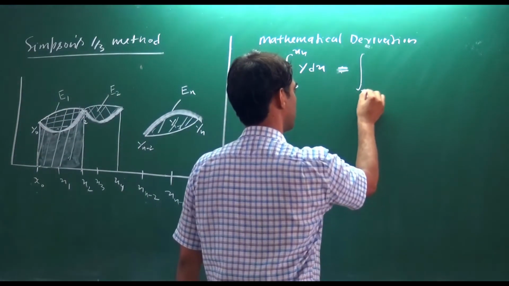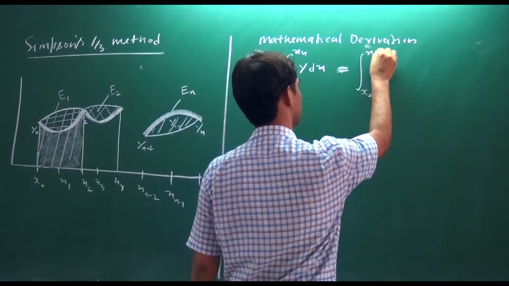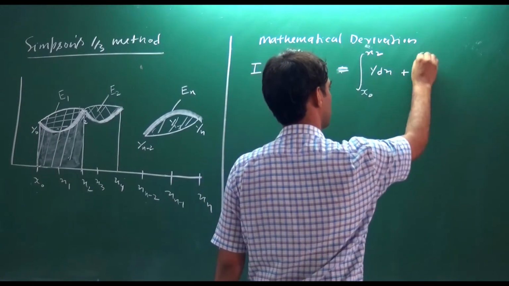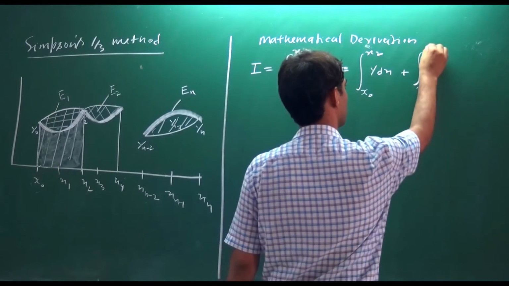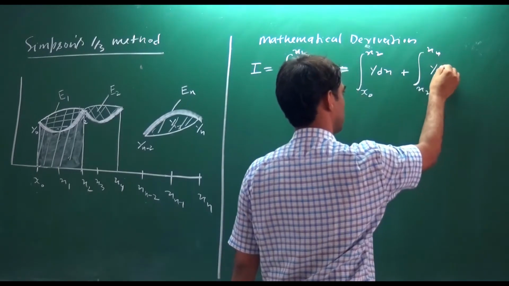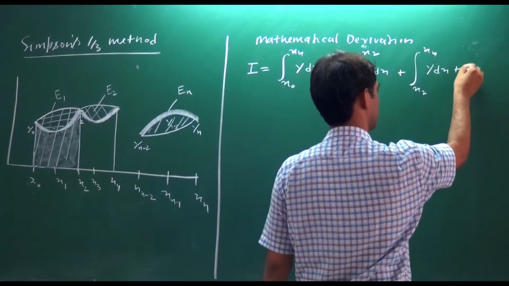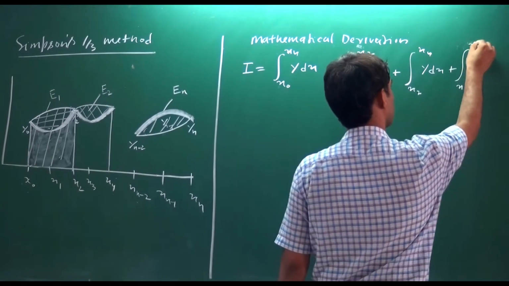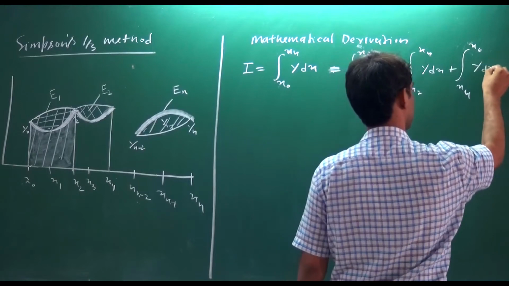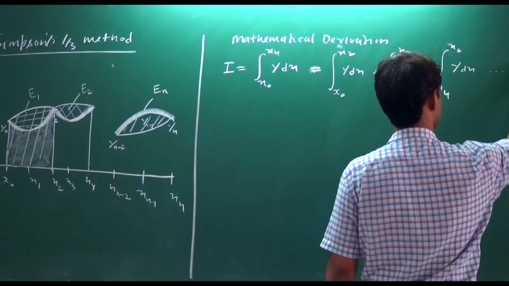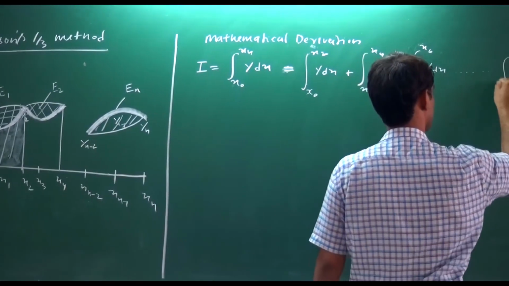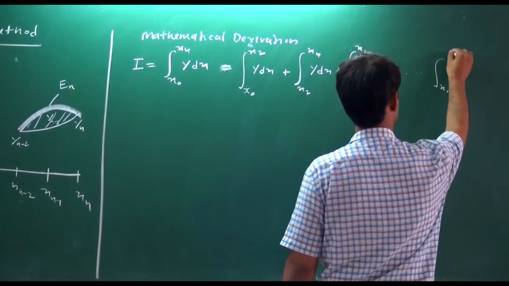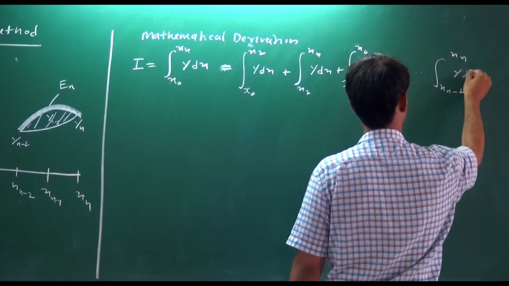So we have the integral from x0 to x2 of y dx, plus x2 to x4 of y dx, plus x4 to x6 of y dx, and similarly the last one is xn minus 2 to xn of y dx.